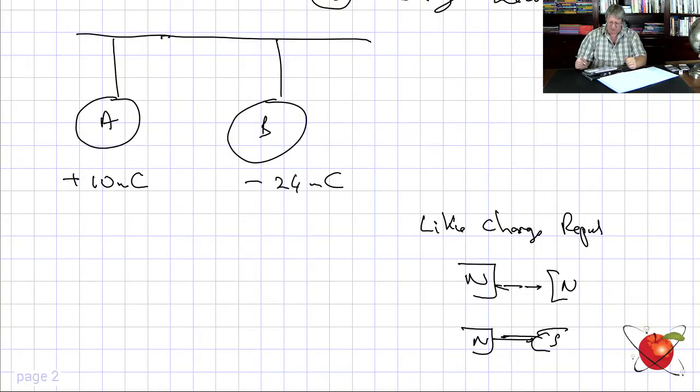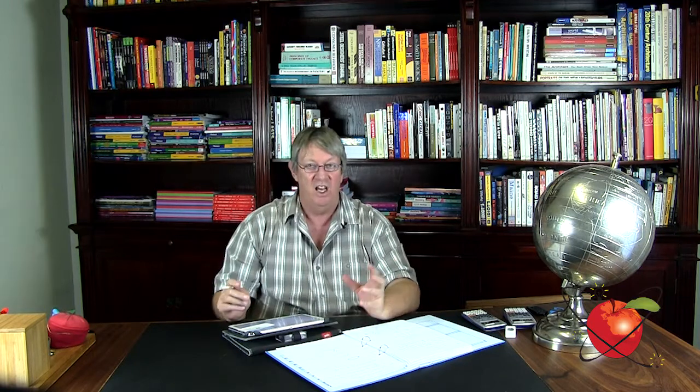So what have we got here? We've got a plus and a minus. So we are going to get a force of attraction, right? And what do we always do? We always show the force, the lines of the field. Magnetic field goes from north to south.